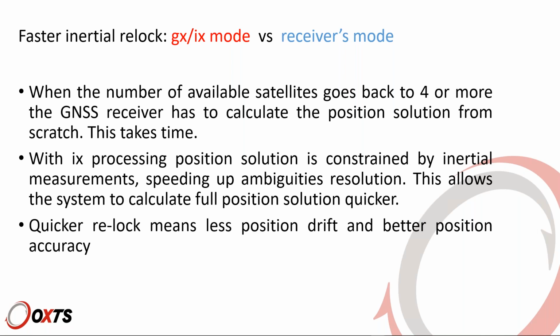Not just that, but because it gains the position more quickly, it will be able to jump back to higher position modes, if corrections are available, much quicker than the receiver does. So it means that the system will drift much less and have a better position accuracy.